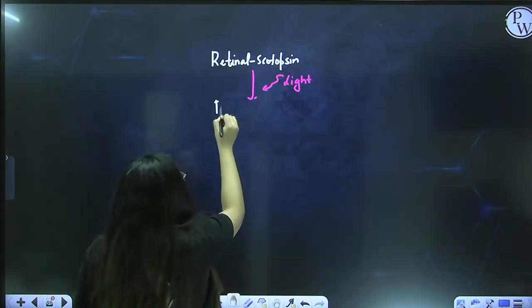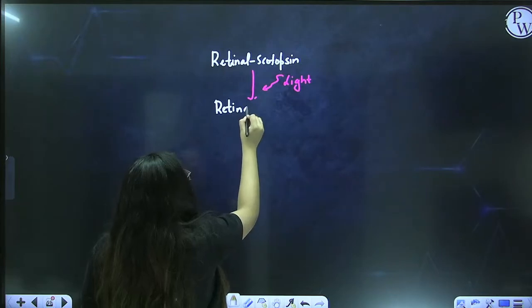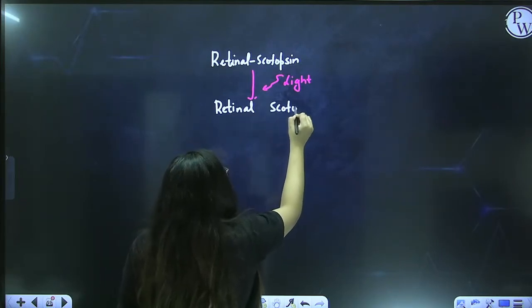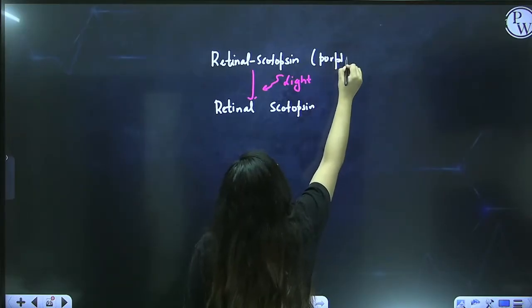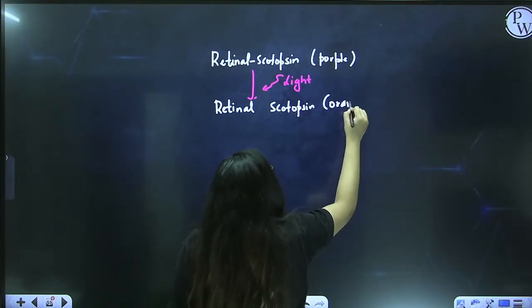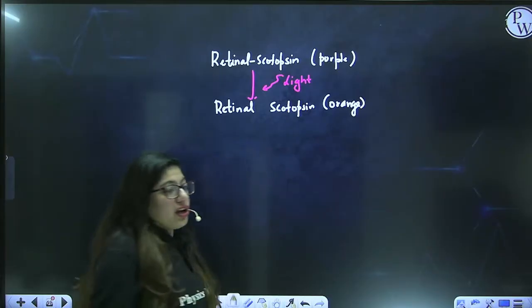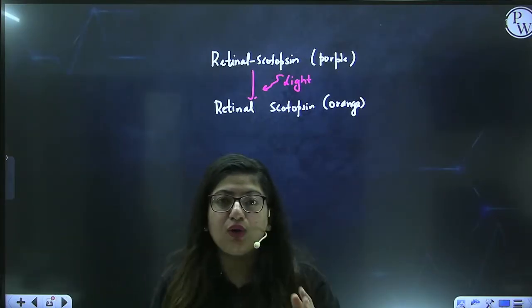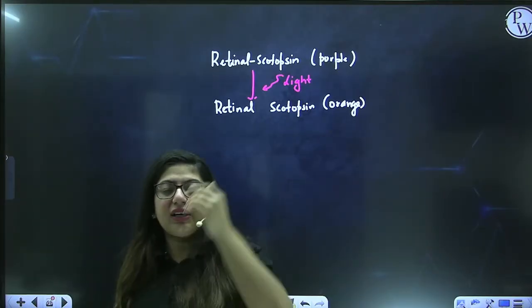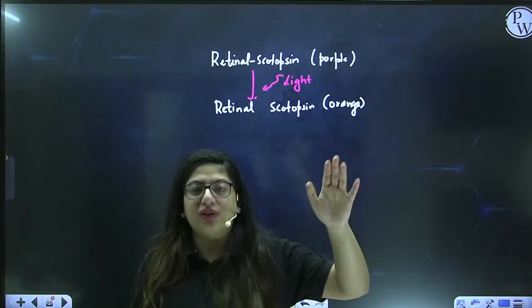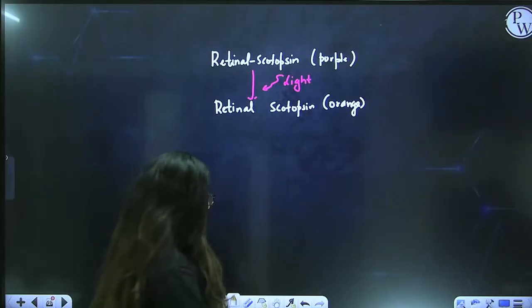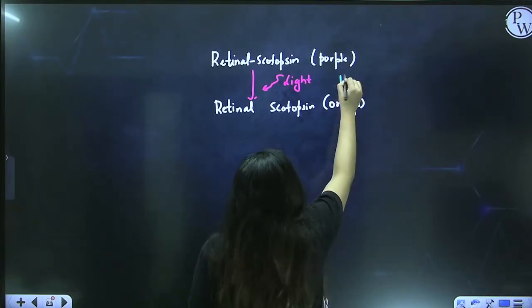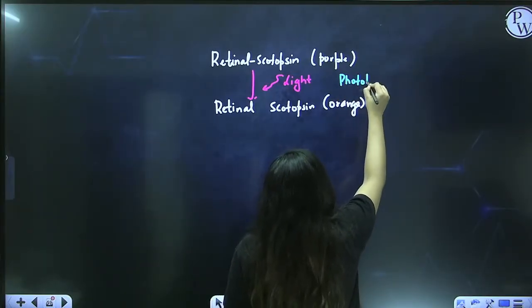And the purple color of this pigment will be converted into orange color. You call this process photo bleaching. Photo, light. Bleaching, the color has been removed. What do bleaching agents do? They remove the color, right? So just like that, here, photo bleaching has taken place.